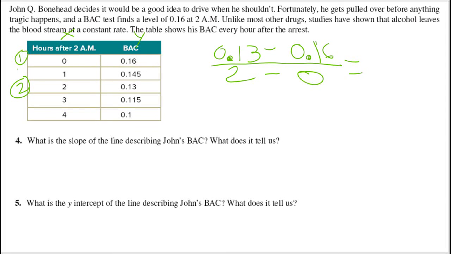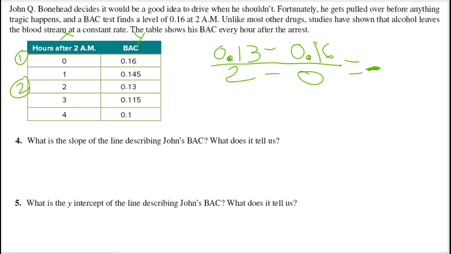You'll notice, being careful about the way we did it, we end up with a negative number on the top, but you can also look at the numbers and see they're going down. As hours goes up, blood alcohol content goes down, so we know we're going to need a negative.